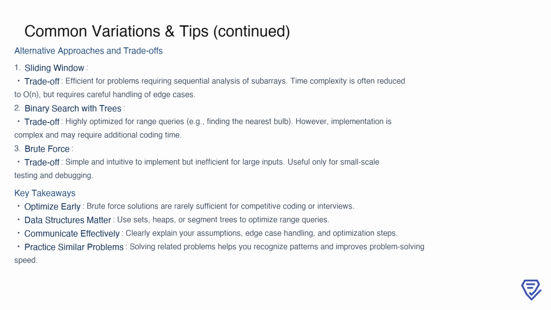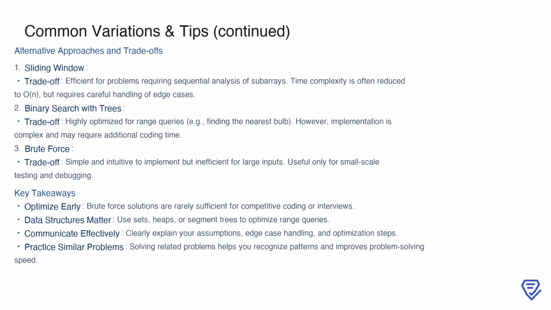This method is highly optimized for range queries, such as finding the nearest bulb, but it can be more complex to implement and may require additional coding time during an interview. Brute force, on the other hand, is simple and intuitive to implement, making it useful for small-scale testing or debugging. However, it's inefficient for large inputs and rarely suitable for final submissions.